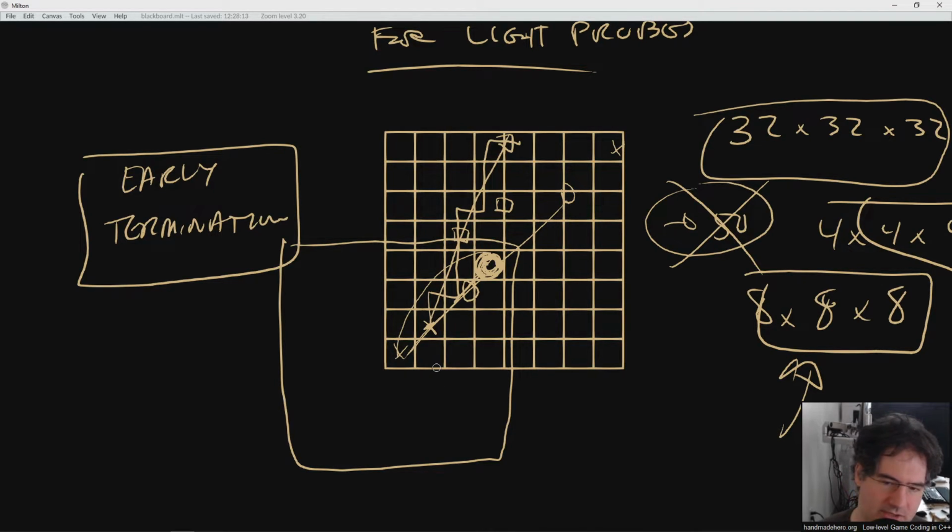So basically we can trade light propagation speed for computation time, so that it takes maybe 2 or 3 frames for light to propagate from one side of the map to the other. But we can put a hard bound on the amount of time that raycasting takes. And this is not something we could have done with the AABB at all, right?